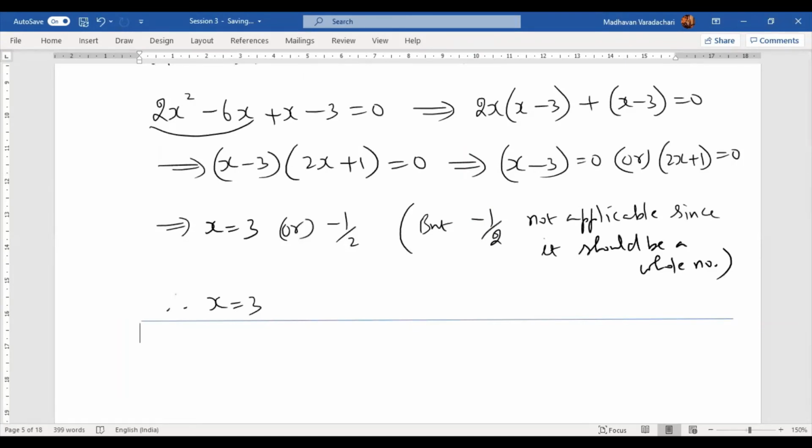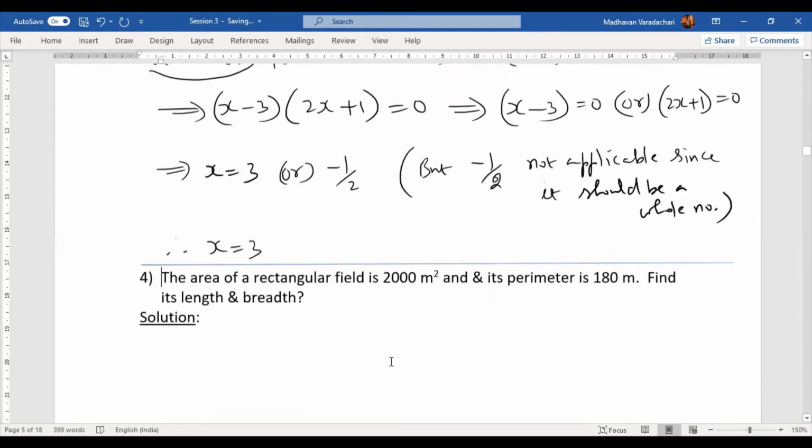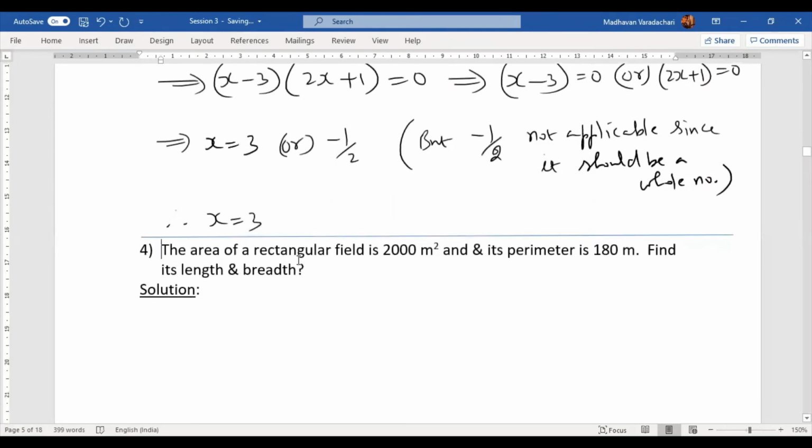Now, let us move on to the next question. It says, area of a rectangular field is 2000 square meter, and its perimeter is 180 meter.